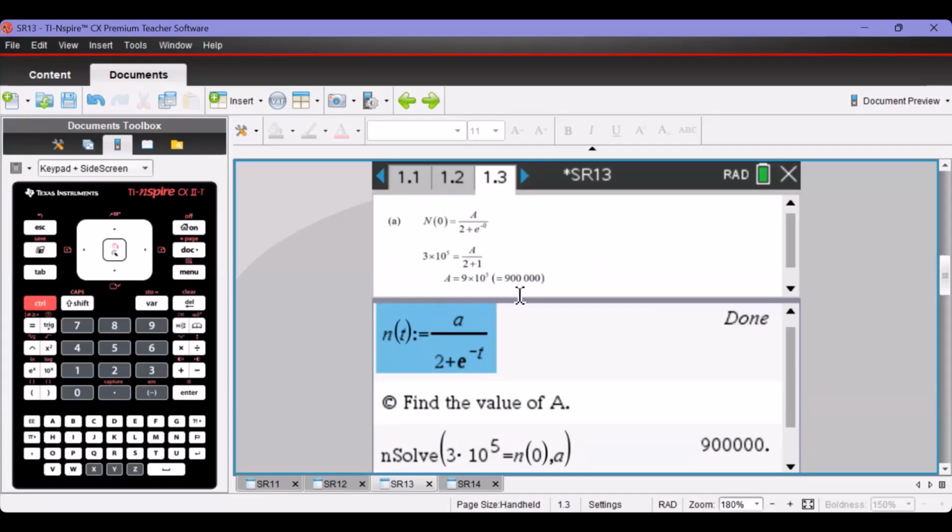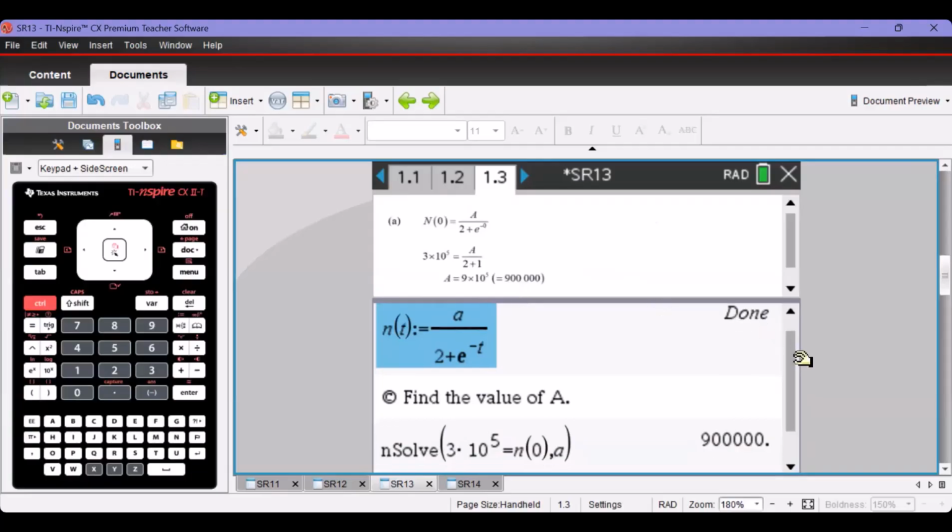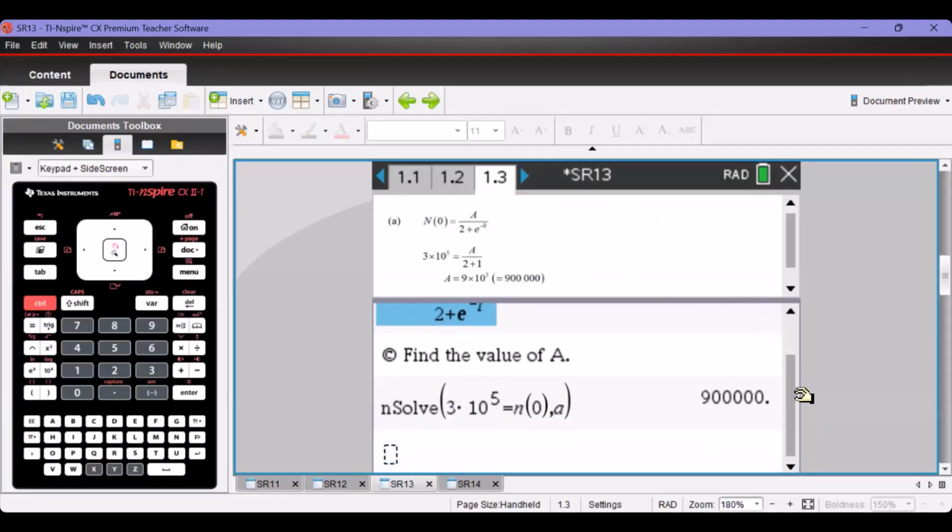Now, if you needed to, you can also solve this equation using the numerical solve command. The syntax is the equation, comma, and you obtain the comma from the comma button down the bottom left of the keypad, comma, what you want to solve for.